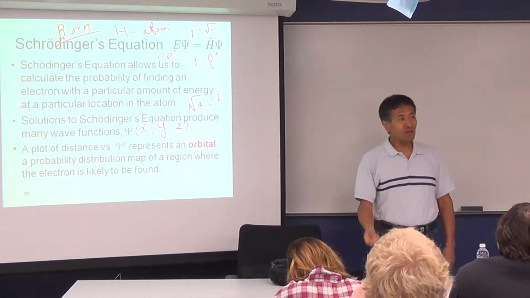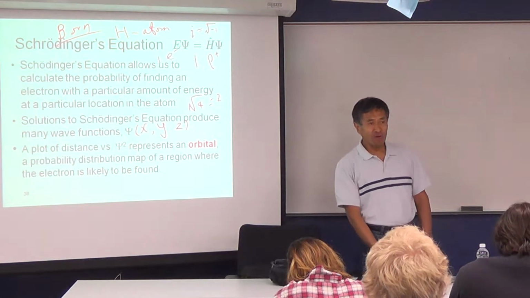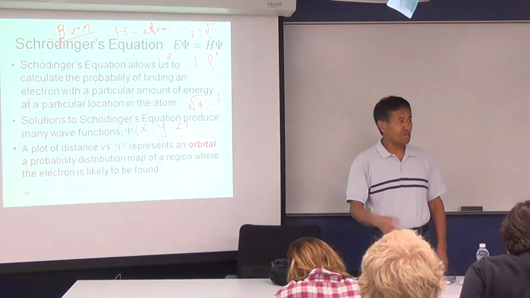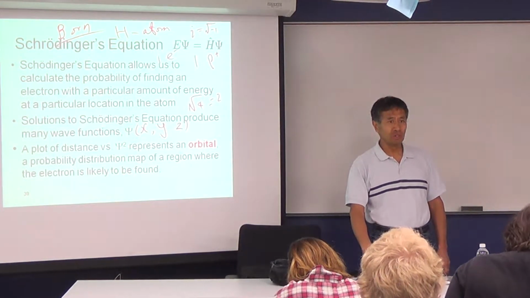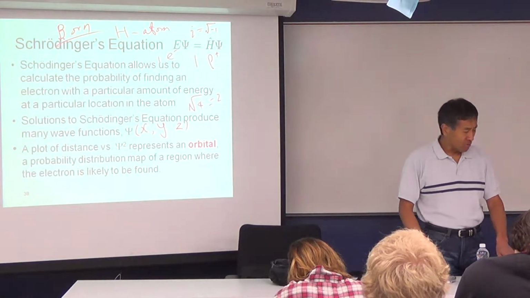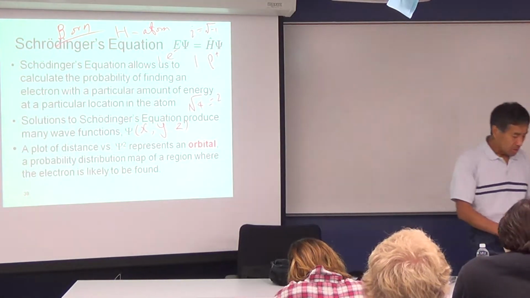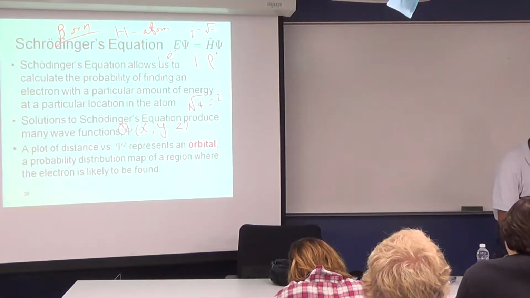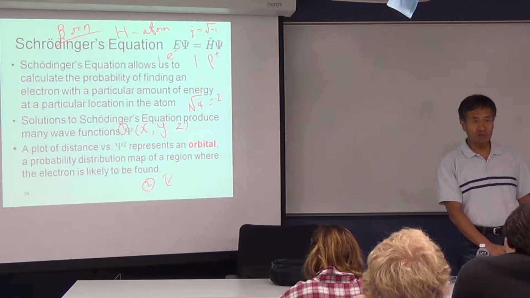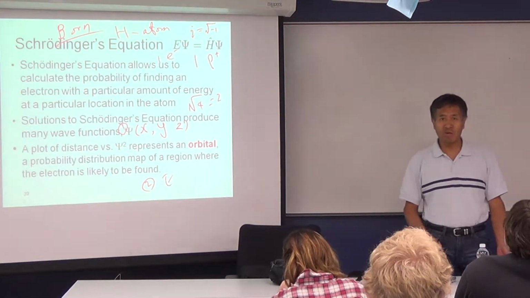If the electron is in that orbital, and that orbital has energy E, then we will see that the electron has that much energy. So this is the second thing we get from the equation: we get psi squared as the probability, and E as the energy.